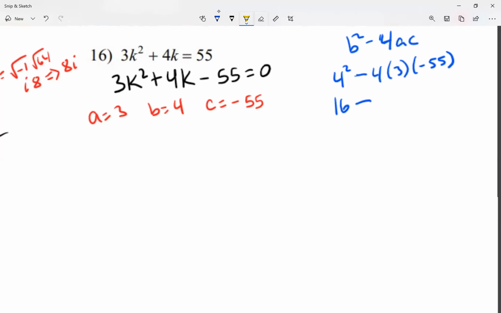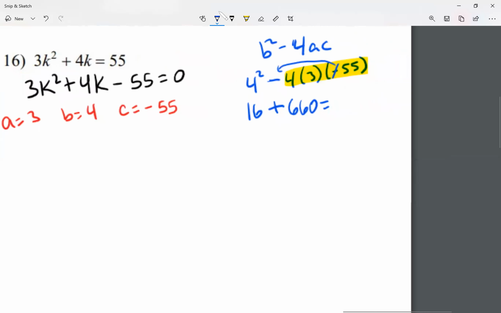Minus. In my multiplication, I see a negative sign. I'm going to bring it to the front, so it's plus now. 4 times 3 times 55 is 660. So my discriminant will be 676. Okay, cool. I expect 2 real solutions then.